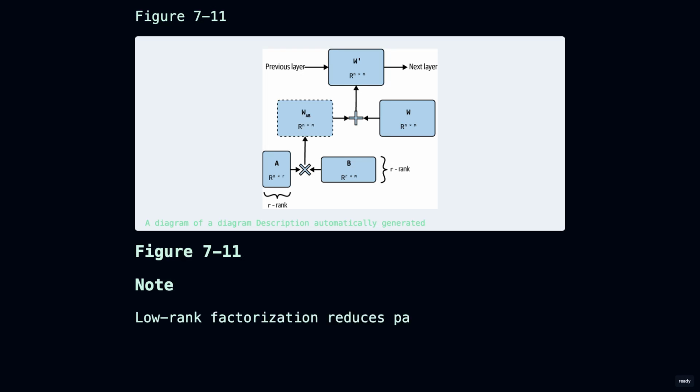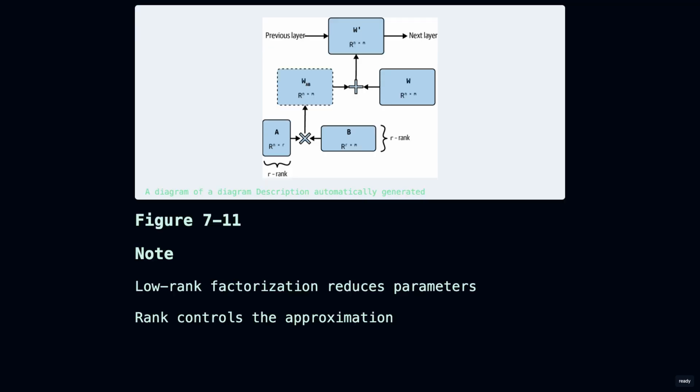A large matrix can often be approximated by two much smaller matrices. That cuts the parameter count dramatically, and with it, the compute and memory required. The rank tells us how much information the factorization can preserve.